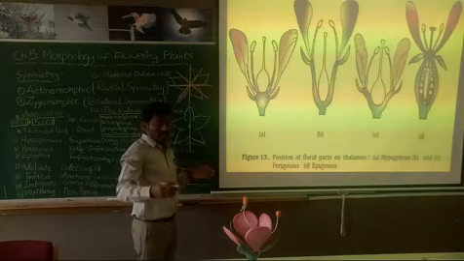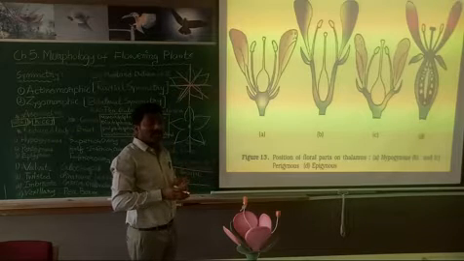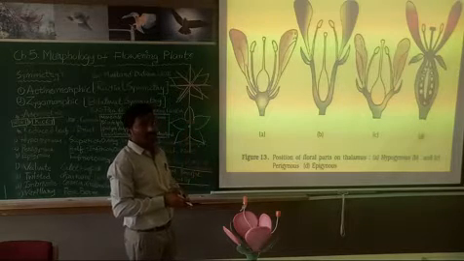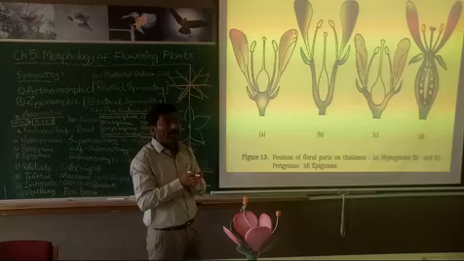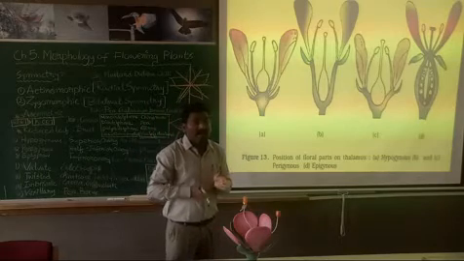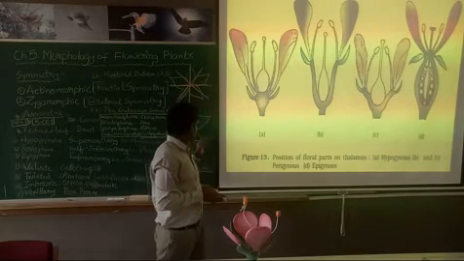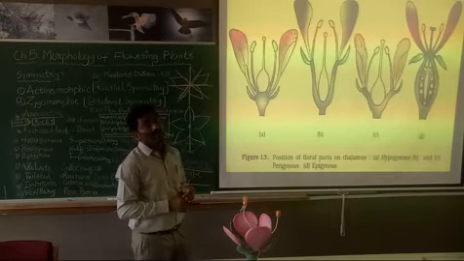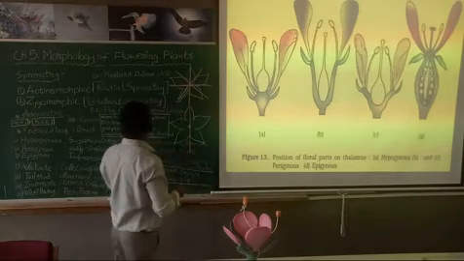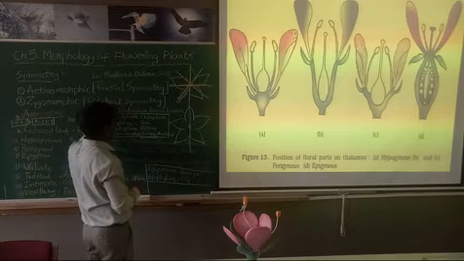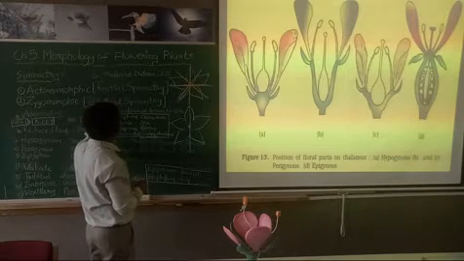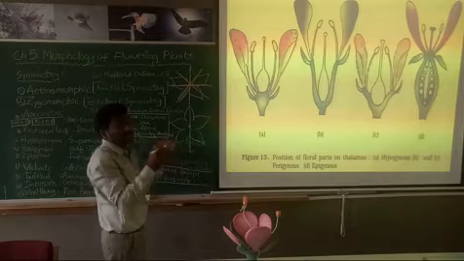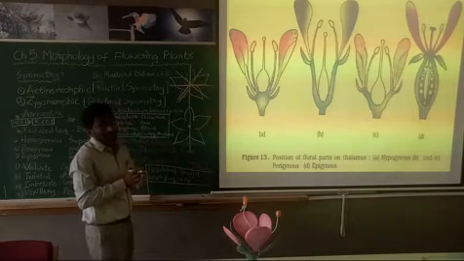However we cut, however we pass the radial plane through the center portion of the flower, exactly through one particular plane only can we pass one radial plane through the center portion of the flower, and then only it can divide it into two equal halves. That kind of symmetry is called bilateral. Bi means two, lateral means either sides. Either sides are equal in position.